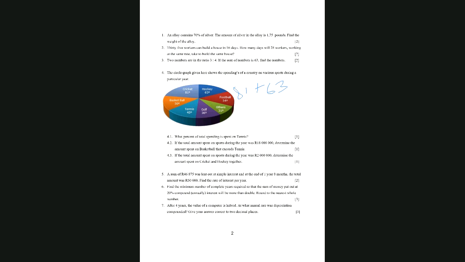Can you hear me? Yes, sir. So you add the two together, you get 144. Is that clear? Then you can just find the amount if the total amount is 2 million.